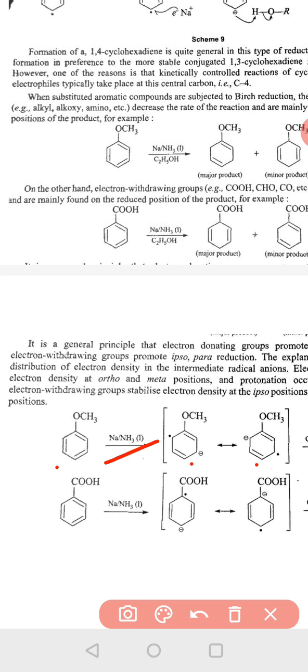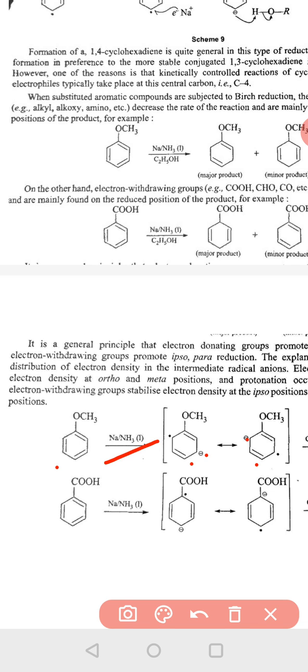This anion gets stabilized through resonance. Electron donating groups stabilize electron density at ortho and meta positions. This is the ortho position and this is the meta position. Protonation occurs at these positions only. Where the negative charge is, protonation occurs at that position.